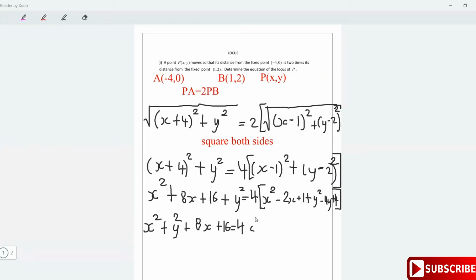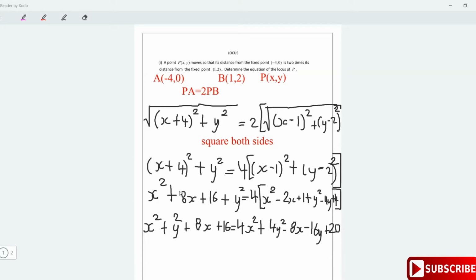And remember, I'm grouping them in descending power. So then 4 times the y squared, which is 4y squared. I just want to organize them. And then 4 times the minus 2x is minus 8x. Then 4 times the minus 4y, that's minus 16y. And then 1 plus 4 is 5, 5 times 4 is 20. Once I get this, I'm good.